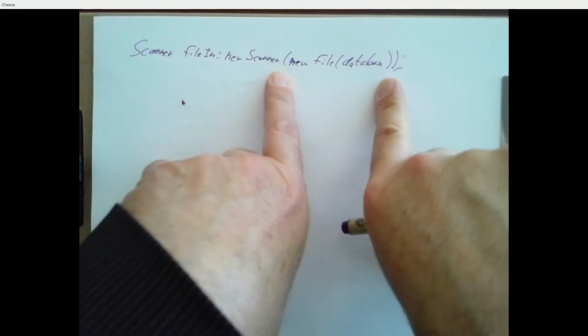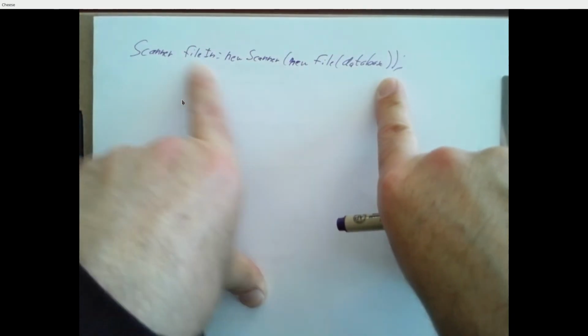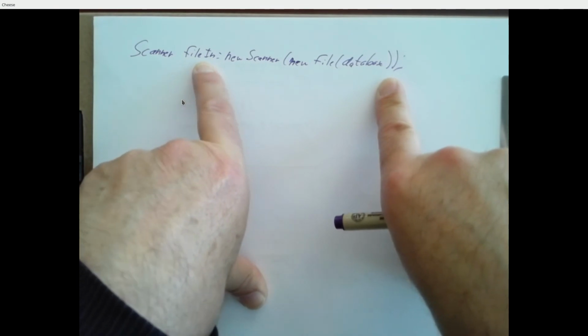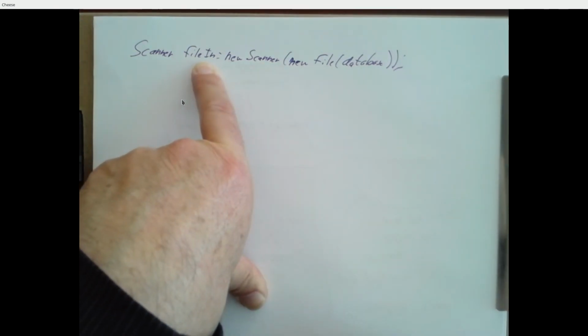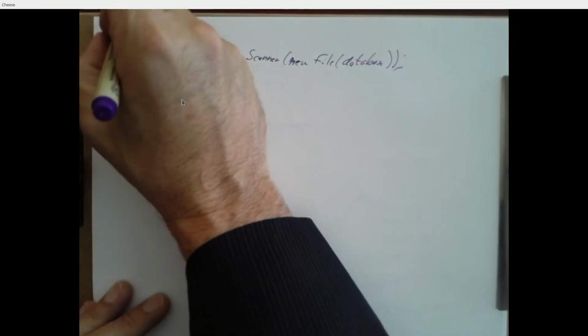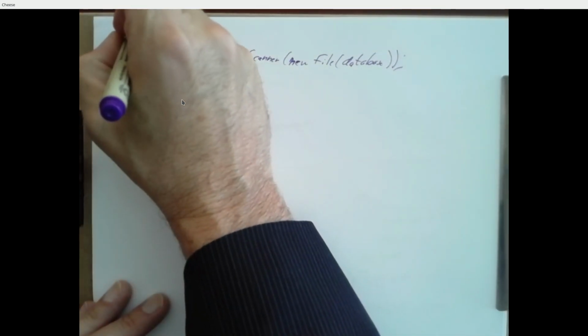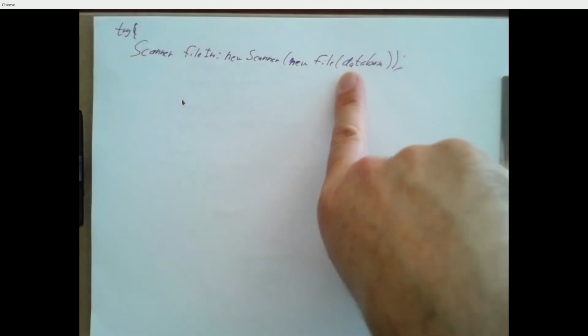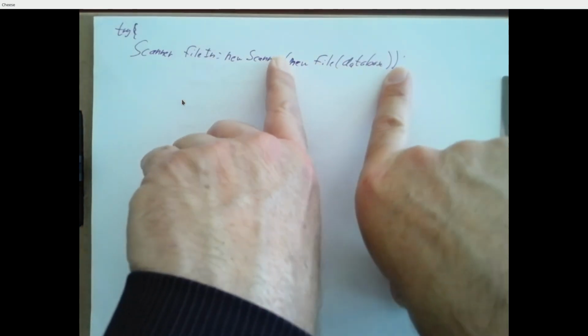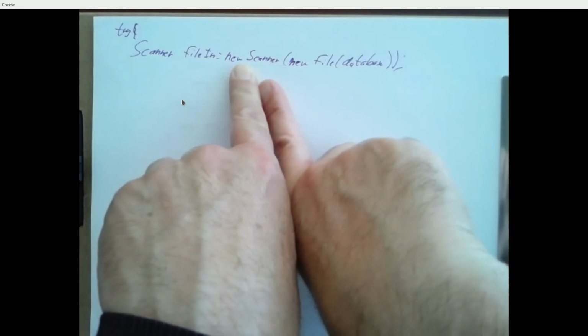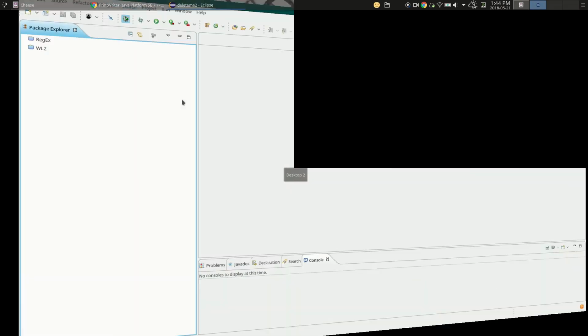Use that as the constructor for a new scanner. And with the object it returns, if you say file in dot has next line dot next line, it'll read from the file instead of standard in. This has to go in a try catch block, because if the file doesn't exist, it'll construct the file object fine, but when you pass it to scanner, it'll throw an exception. So Eclipse will warn you about that.